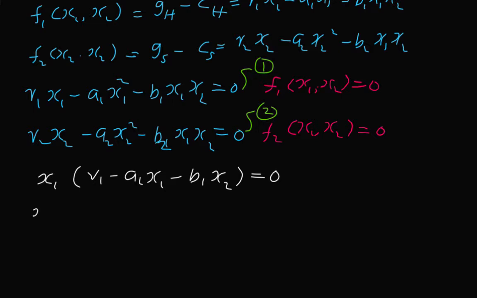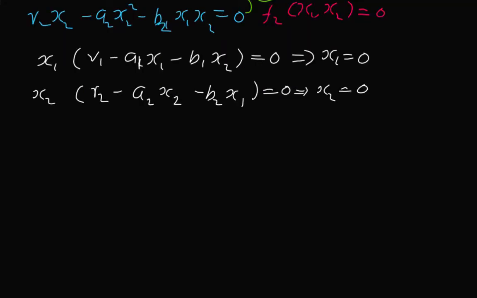In the second one, x2 can be taken out, then x2 times (r2 minus a2 x2 minus b2 x1) equals 0.